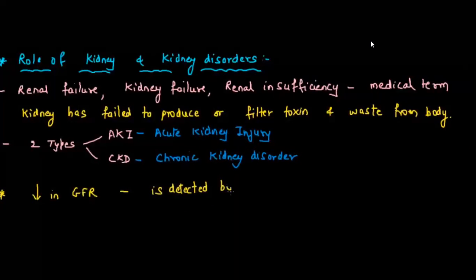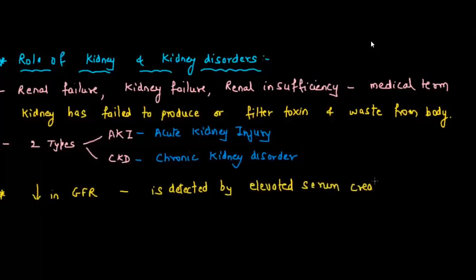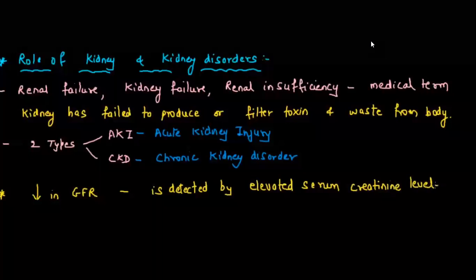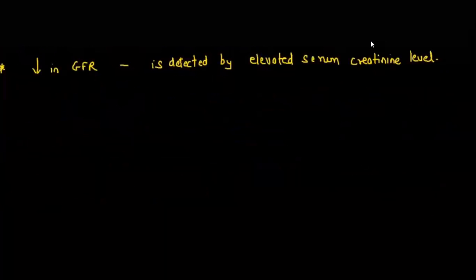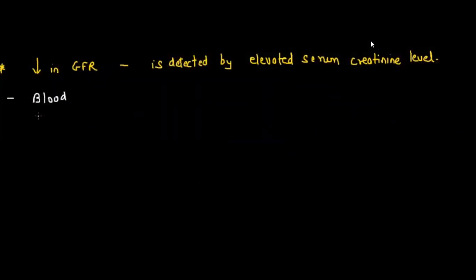Then how will we come to know that kidney has failed? A high amount of serum creatinine in the blood will indicate kidney failure, because creatinine is a chemical which should not be stored in your blood. It has to be always eliminated in the urine. But if kidney is not able to filter the blood and creatinine is getting accumulated in the blood, then it leads to kidney failure.